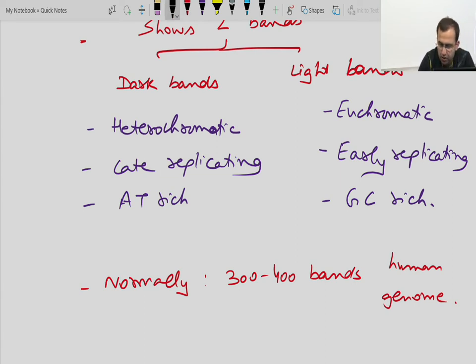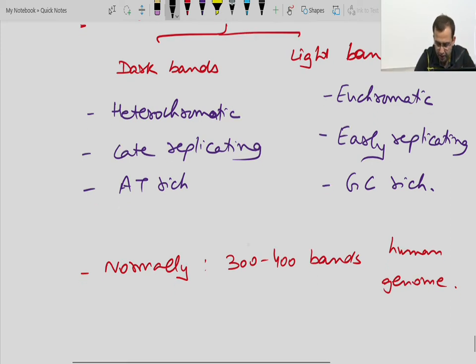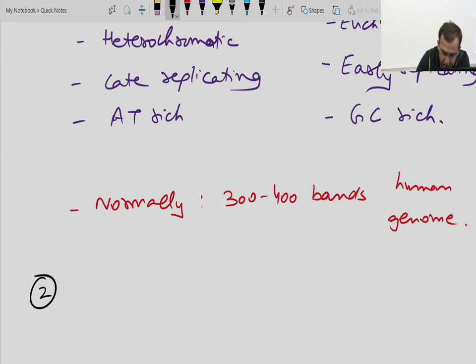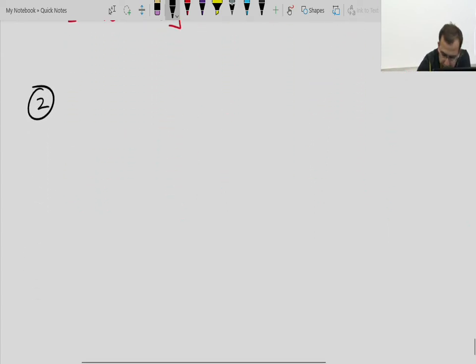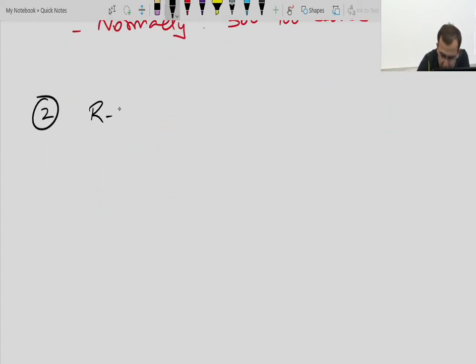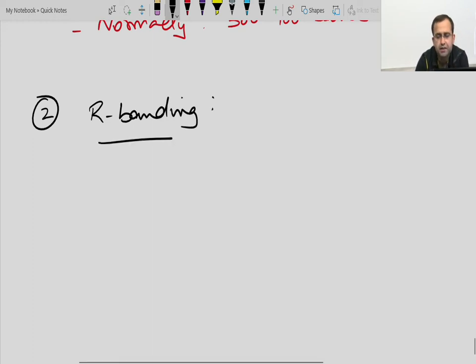Next, the next type of banding. So this was the first one, G banding, which uses Giemsa. The next type of banding is R banding. R stands for reverse banding.